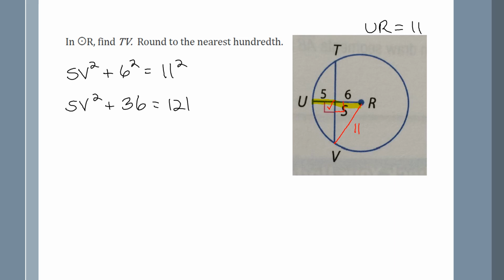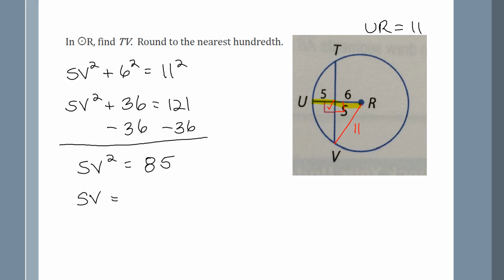I subtract 36 from each side, and SV squared is equal to 121 minus 36, which is 85. Since we're going to round to the nearest hundredth, SV is equal to the square root of 85.